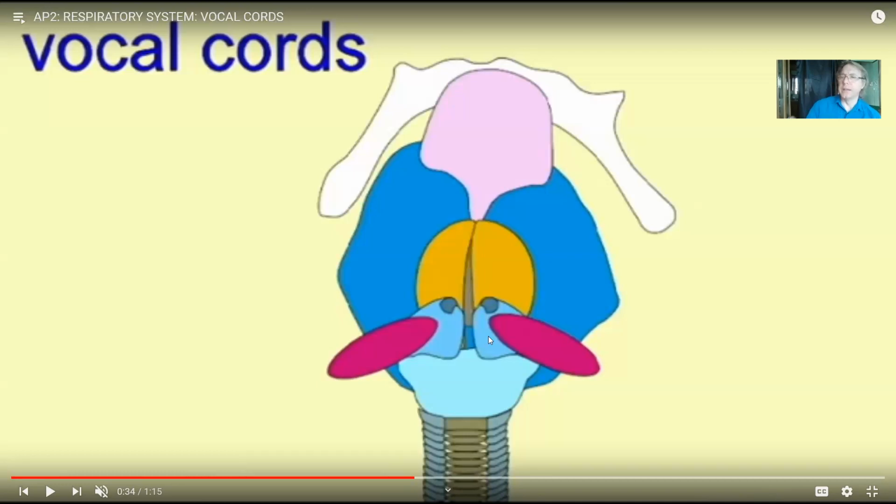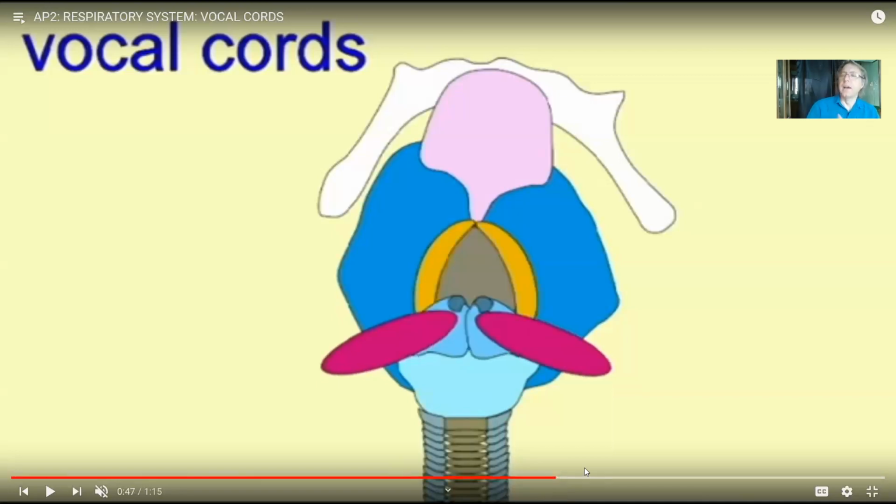And so if we can cause something to vibrate as air passes, this will make sound. So we pull on these arytenoid cartilages, which then pull on these vocal cords. And this then causes the folds to vibrate and thus make sound. So this is how we make sound.